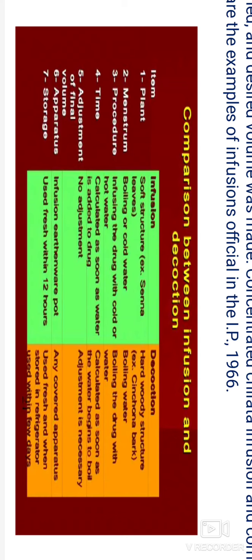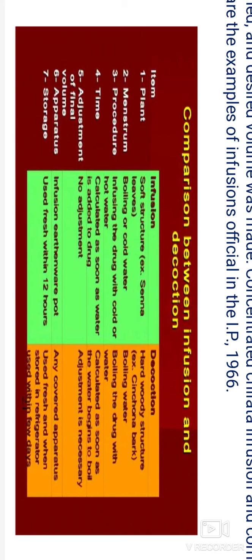Then decoction: hard woody structure, example is cinchona bark, that is, hard woody structures are used in the decoction technique. Boiling water is used as the menstruum in decoction. The procedure is to boil the drug with water.